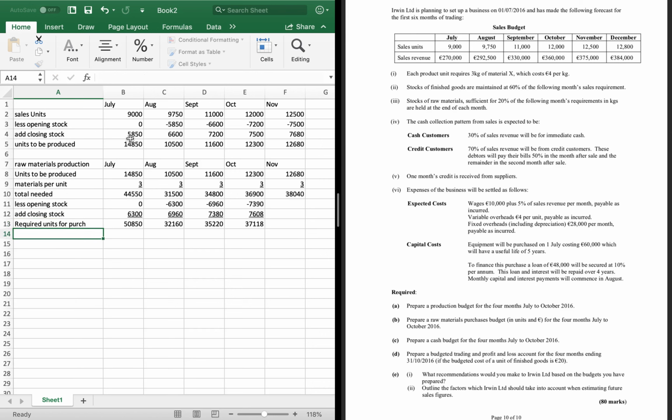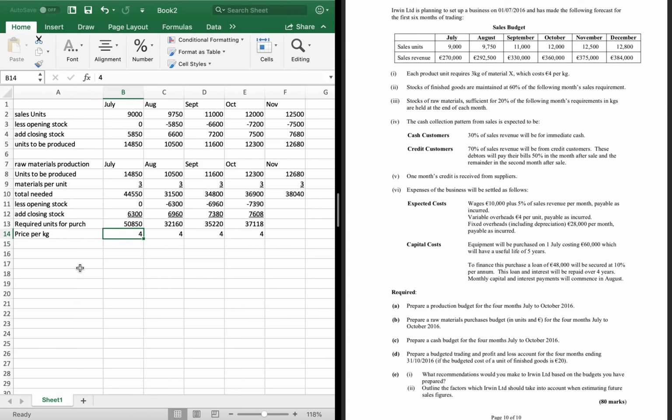and then you have to multiply by your purchase price. So the price is €4 per kg. So €4, so we'll put in 4 here.